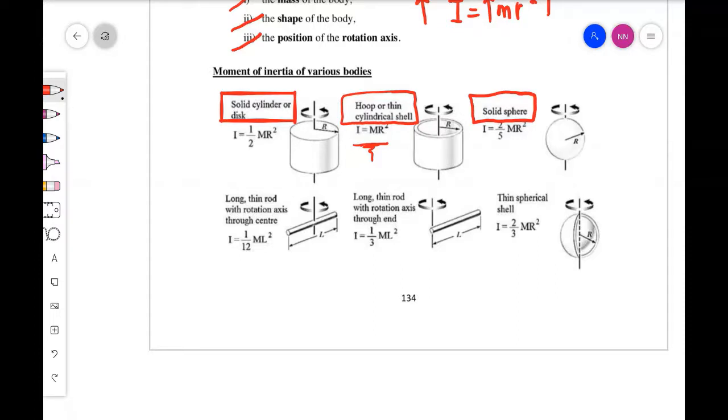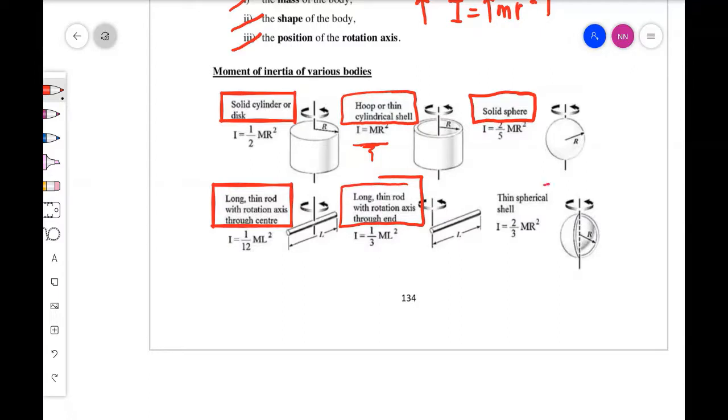Long thin rod with rotation axis through center is given by I equals 1/12 ml squared, where L is the length of the rod. Long thin rod with rotation axis through end is given by I equals 1/3 ml squared.